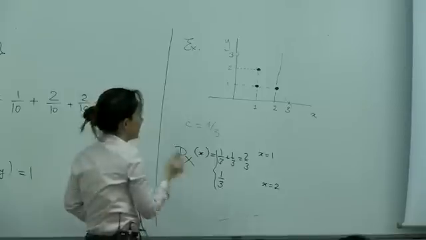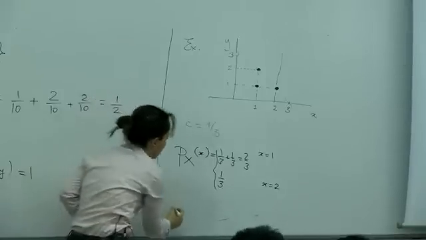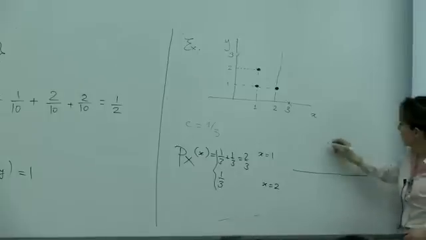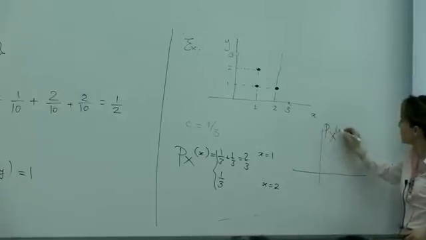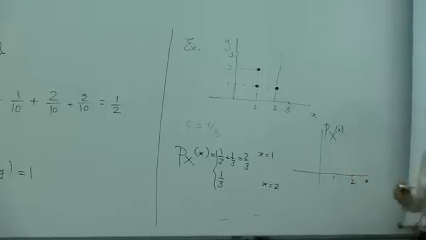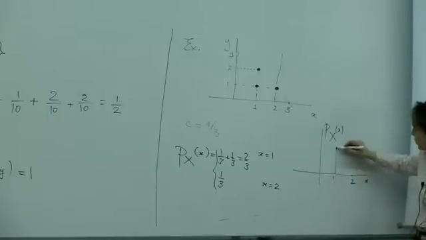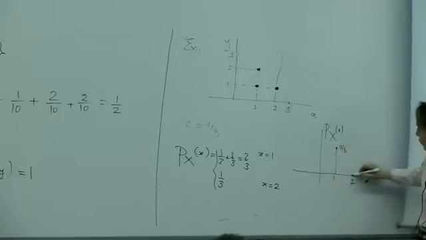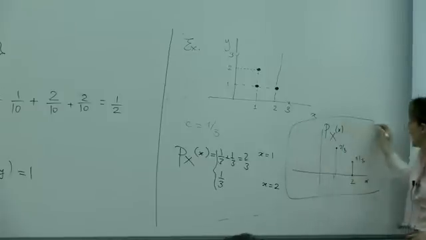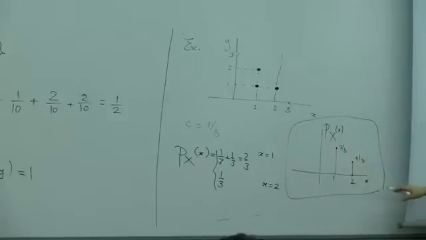Okay. Let's plot this over here. Px of x as a function of x. X is either 1 or 2. The probability that it is 1 is 2/3. The probability that it is 2 is 1/3. Okay? Now, if you look at this picture and this joint PMF, what do you see?